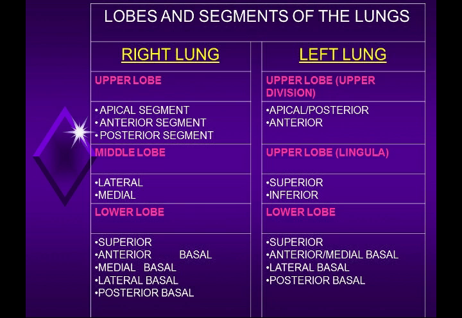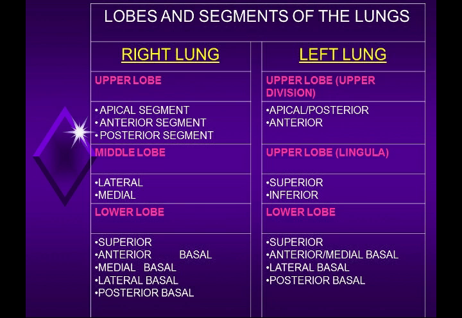So we have to do things like hang them from the ceiling, not really, but using gravity to facilitate drainage. Well, if you look at the tracheobronchial tree, it doesn't all branch downwards. Sometimes it branches upwards. So we need to position them in different positions based upon the segment involved.